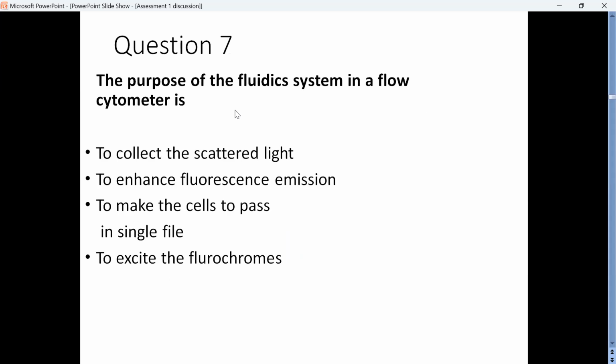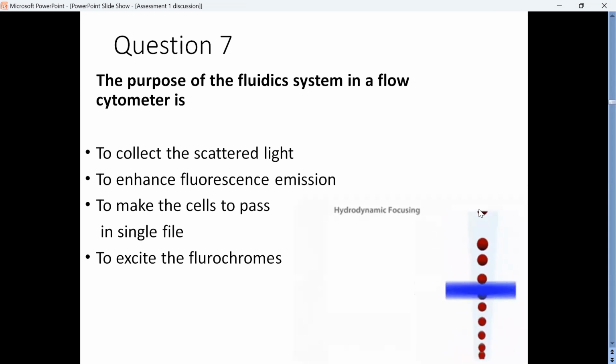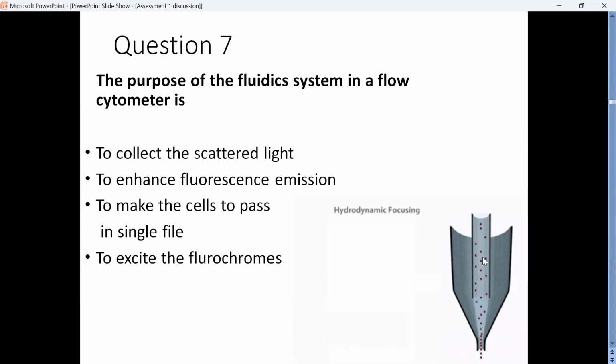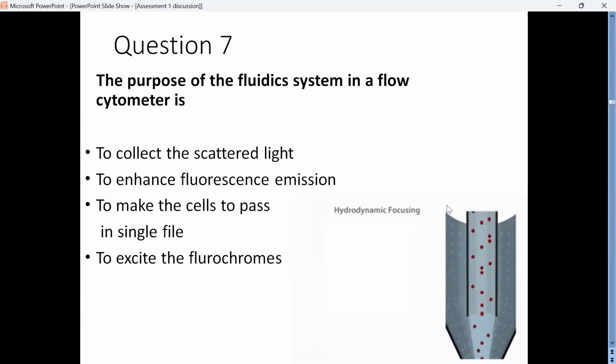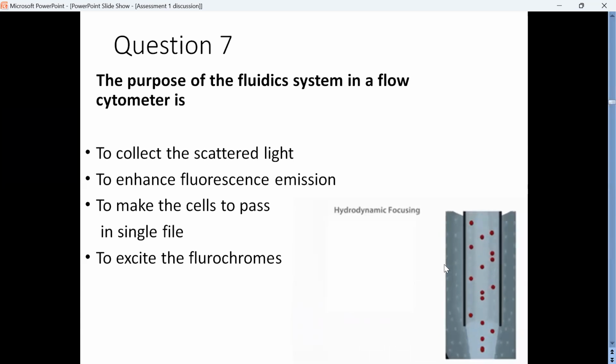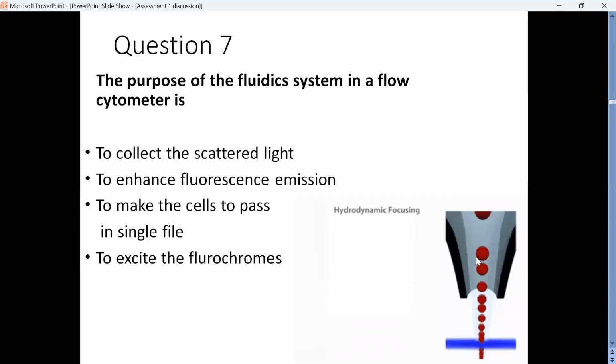The purpose of the fluidic system in a flow cytometer: during the second lecture we saw about fluidics. The basic purpose of fluidics is hydrodynamic focusing. What is that? We have a sample which is injected into the sample core, and surrounding the sample core we have a faster moving sheath fluid.